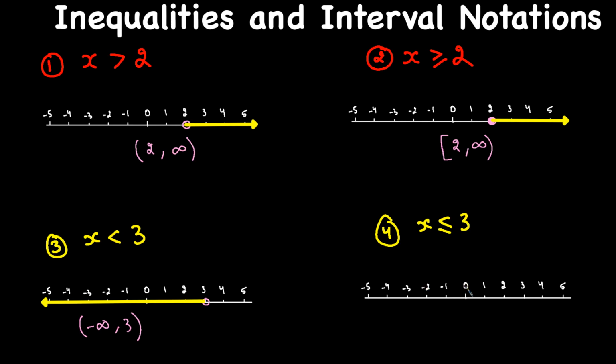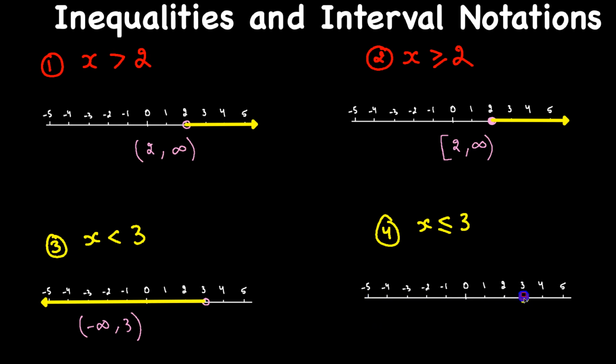Okay, let's do one more. x is less than or equal to 3, that means 3 is included, we're gonna use a solid circle, and we are going to the left again.